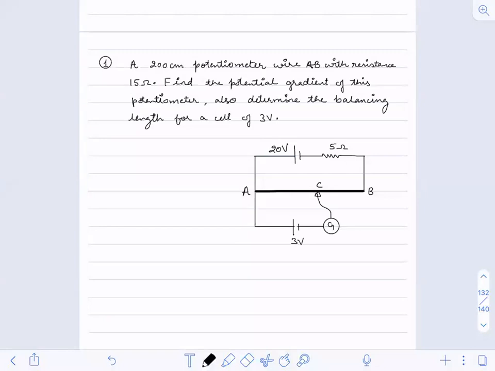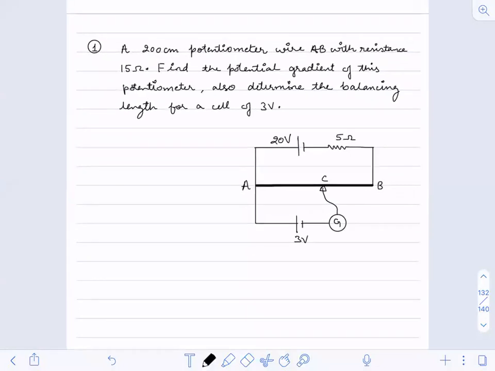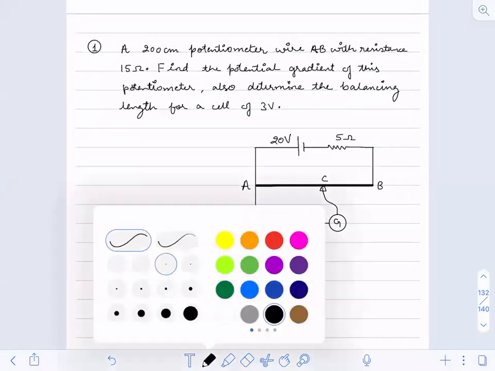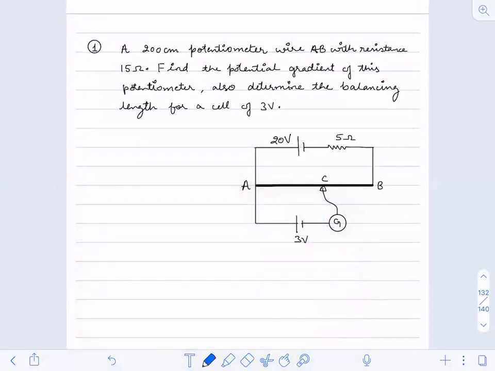So this question says, a 200 centimeter potentiometer wire AB. The length of AB is given, which is equal to 200 centimeter.